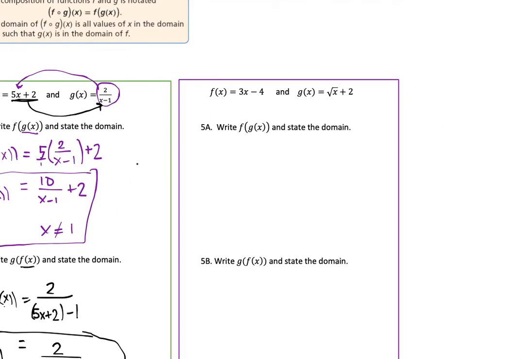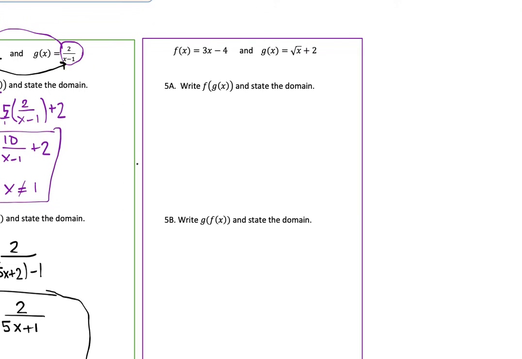Let's do another problem. So f of g of x, and this time my f looks like this and my g looks like this. I'm going to put the g inside of the f.